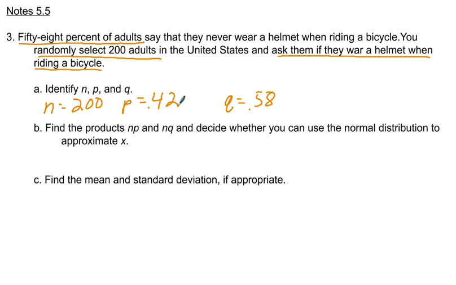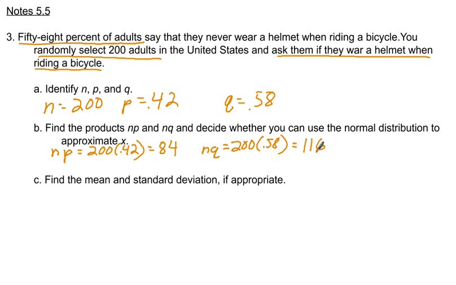So now we want to find the products NP and NQ. So NP is 200 times 0.42, and NQ is 200 times 0.58. So NP comes out to 84, and NQ comes out to 116.